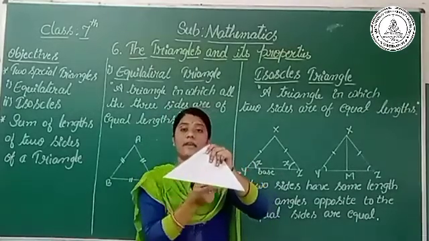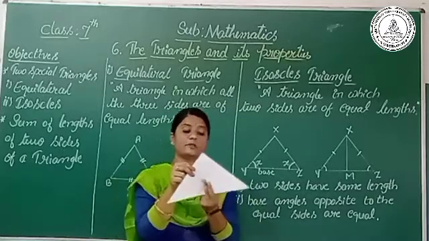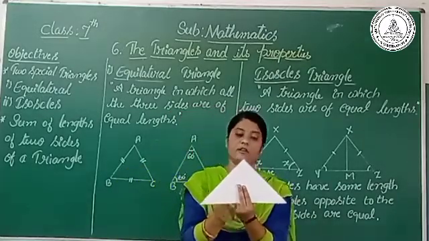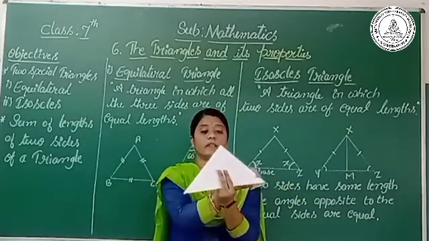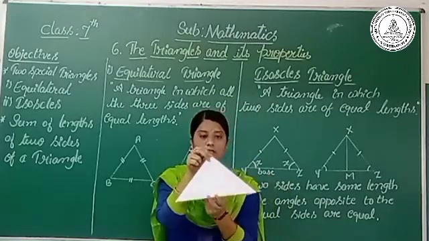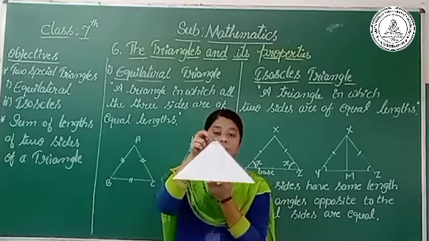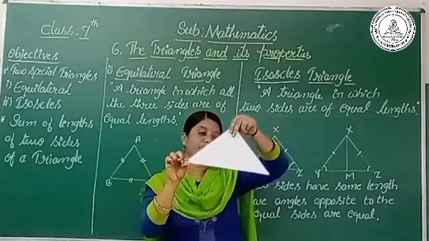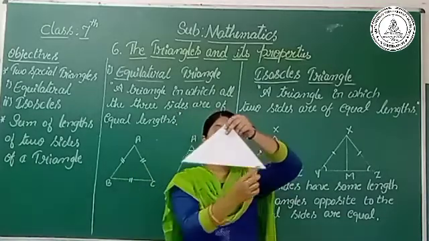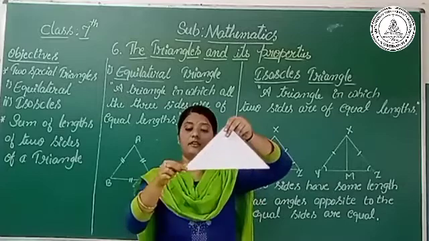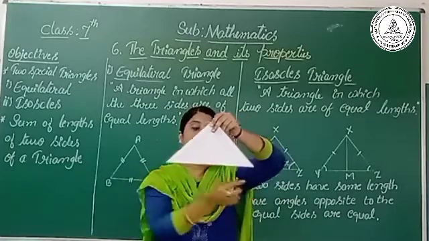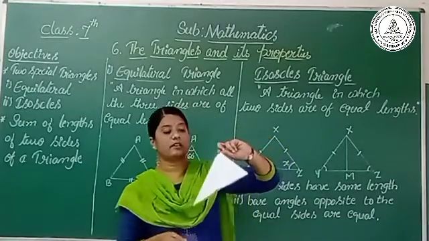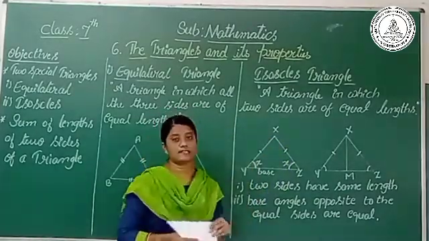It is the base of the triangle because it is of a different length in an isosceles triangle. The base angles are equal in measure. You may see that this angle and this angle are equal in measure. So that is the speciality of the isosceles triangle.